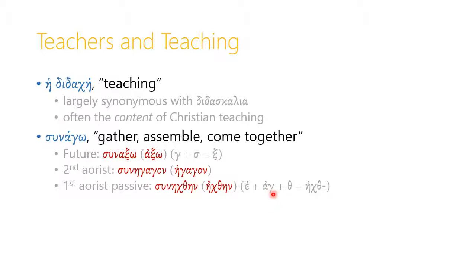So both letters of the stem ag are transformed just because of the letters that come on either side of them. But that gives us then the stem for the aorist passive echth, which is where then when we put the connecting vowel and the ending on, we get echthane. And similarly, the aorist passive of sunago is sunechthane.